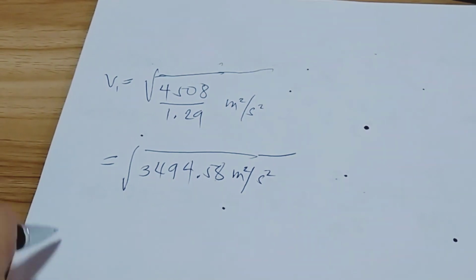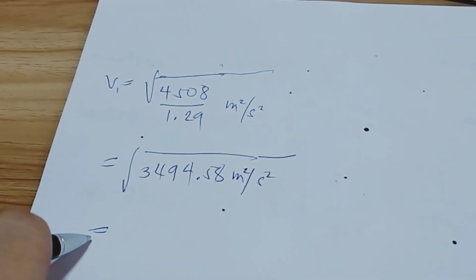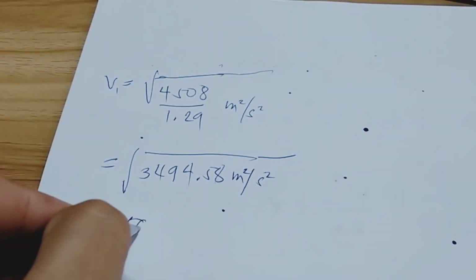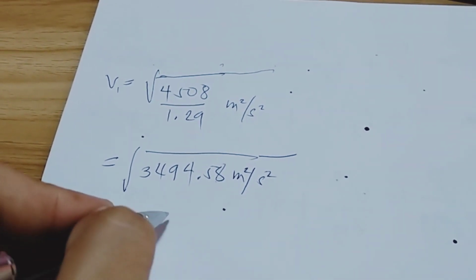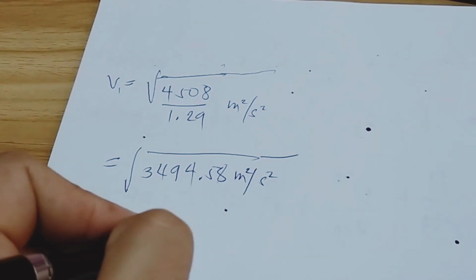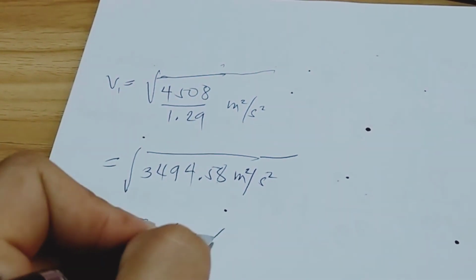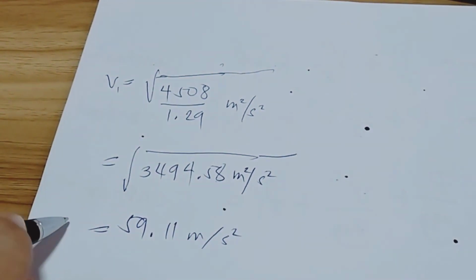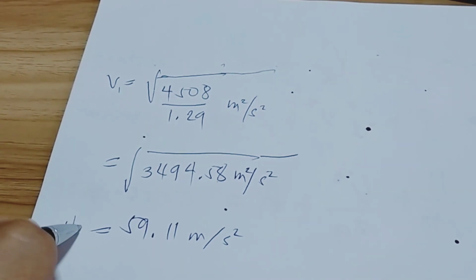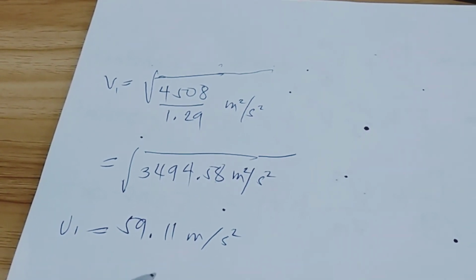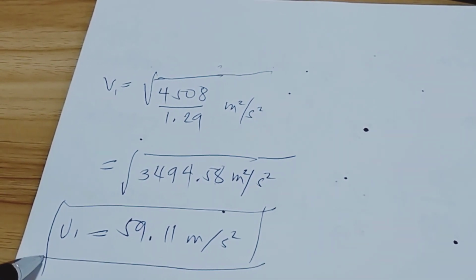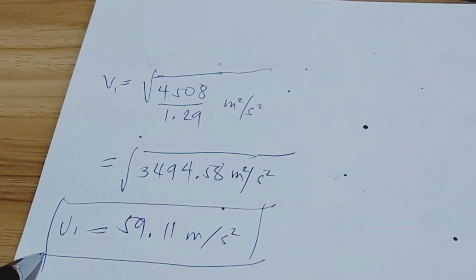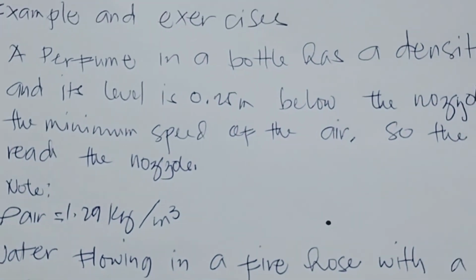At ang square root po niyan is equal to 59.11 meters per second. This is your V sub 1. Ito yung velocity na kailangan para yung perfume umabot sa nozzle.